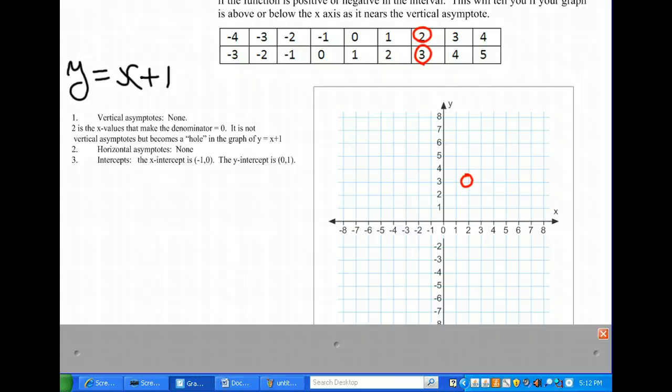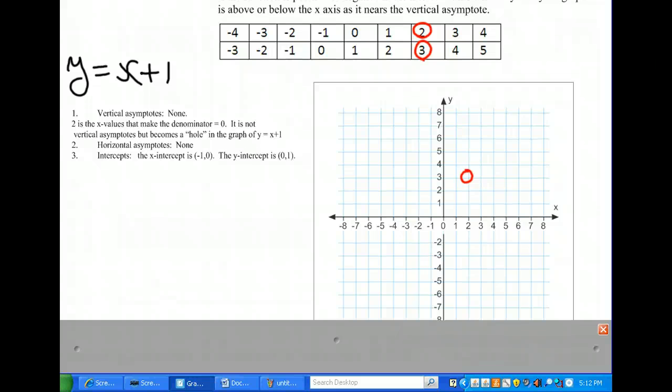The other thing we should look at is that there is an x-intercept at (-1, 0) and a y-intercept at (0, 1). So we should plot those points. The x-intercept at (-1, 0) is right there, and the y-intercept at (0, 1) is right there. And we should plot the remainder of the points from our table.